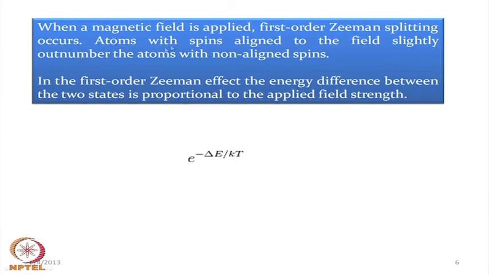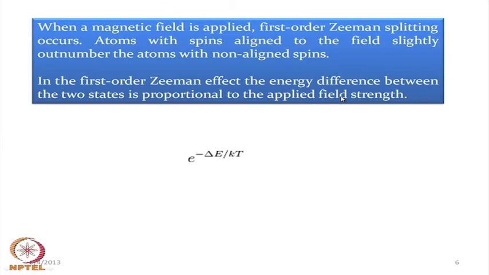So, atoms or molecules with spin aligned to the field slightly outnumber the atoms with non-aligned spins. So, more and more spins will be aligned to the magnetic field applied to the system. And if we consider the first order Zeeman effect only, the energy difference between these two states is proportional to the applied field strength.